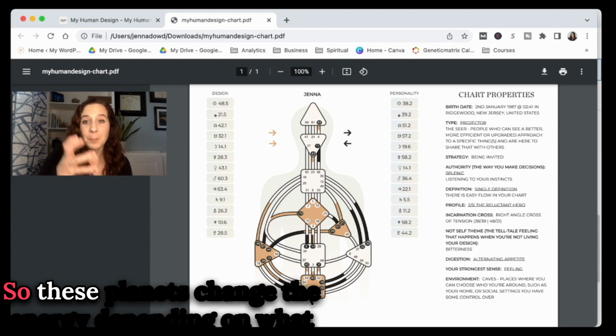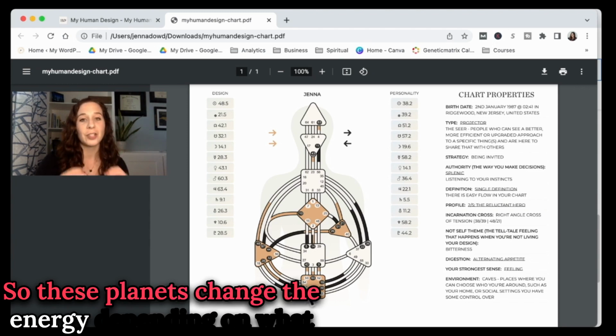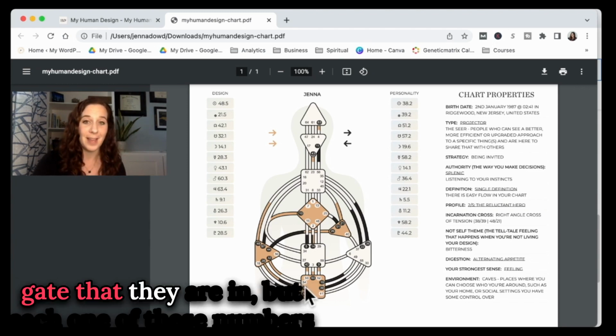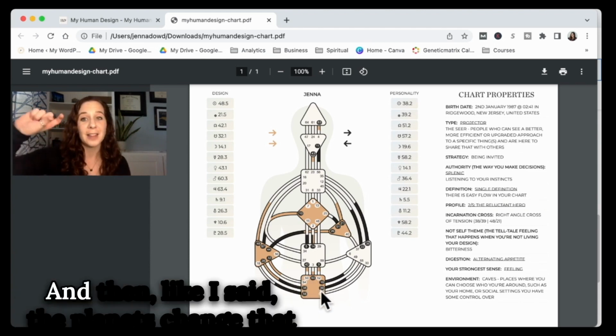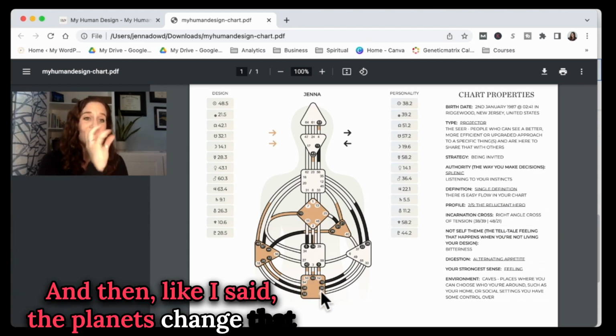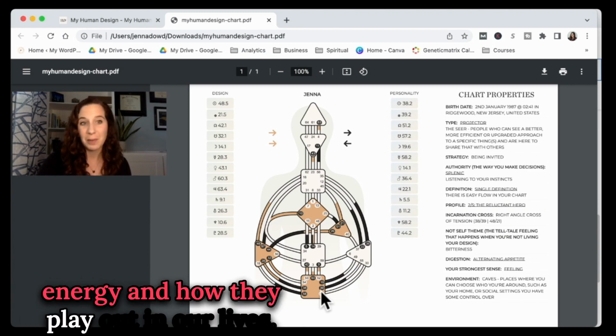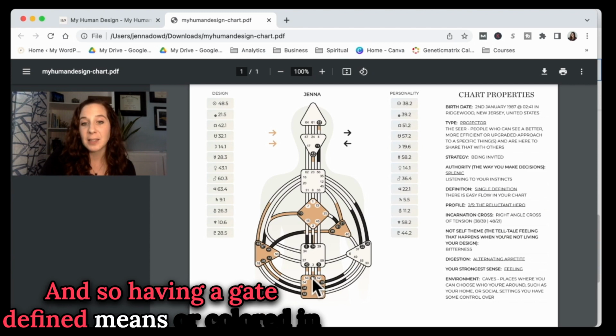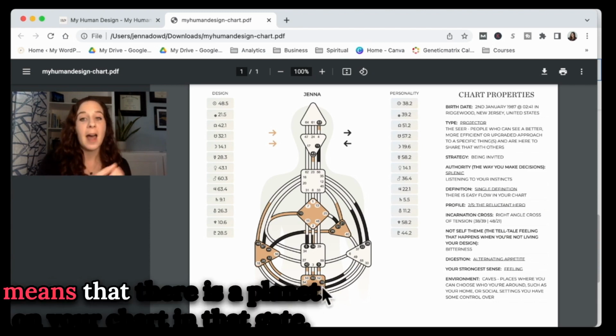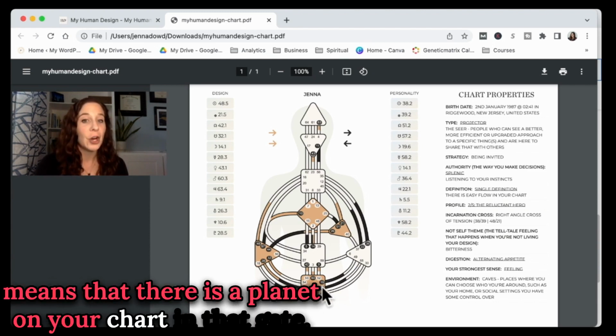So these planets change the energy depending on what gate they are in. But each one of these numbers has a different energy. And then, like I said, the planets change that energy and how they play out in our lives. And so having a gate defined, or colored in, means that there is a planet on your chart in that gate.